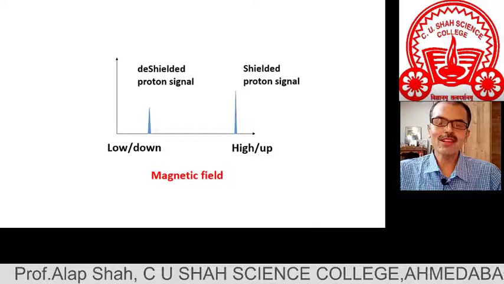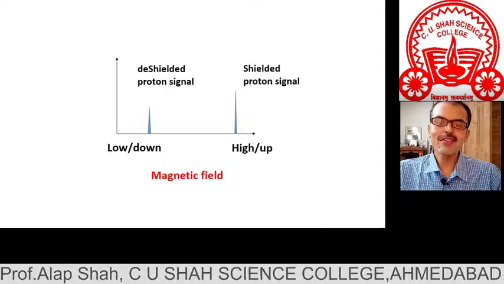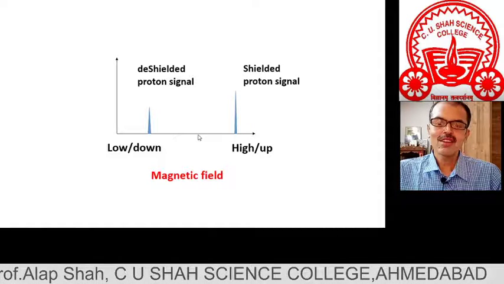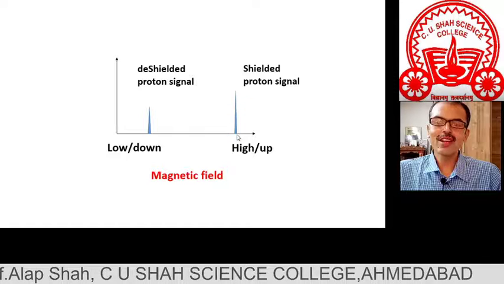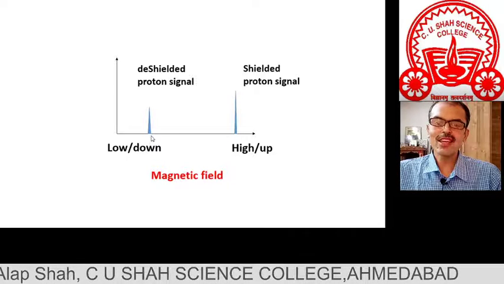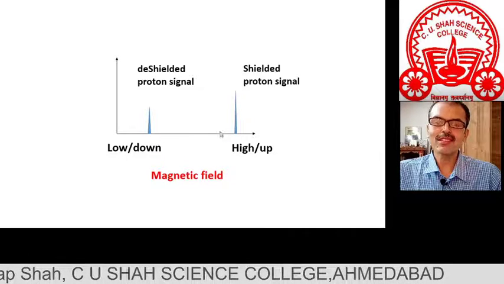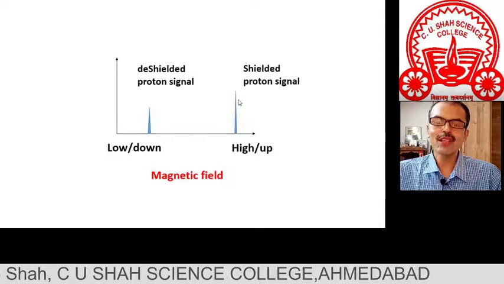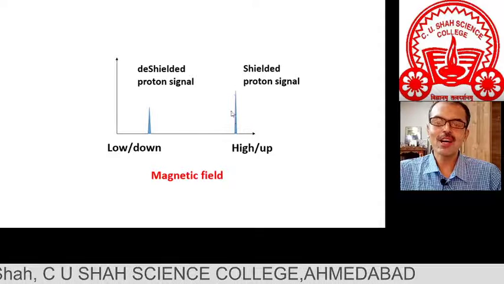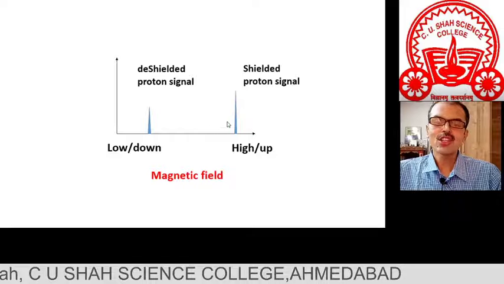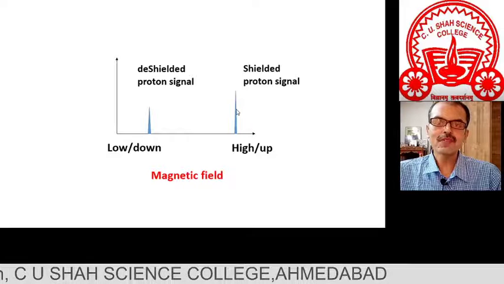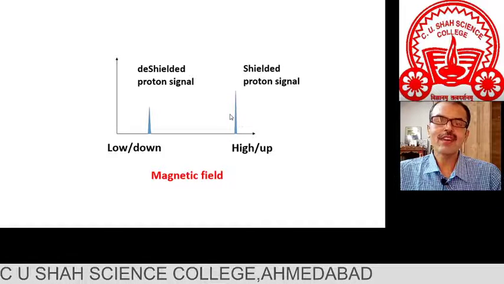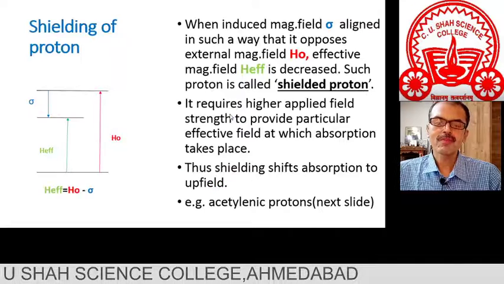If more magnetic field is required, then the signal will fall in the high field or upfield. It means that the shielding phenomenon shifts the signal into the high field or upfield.